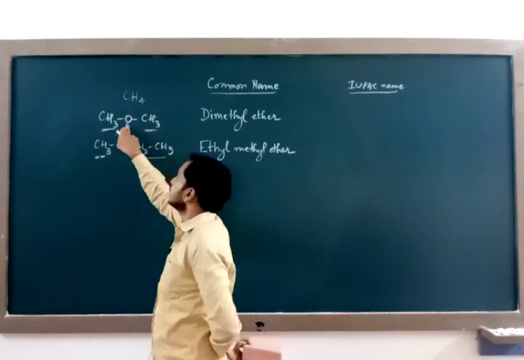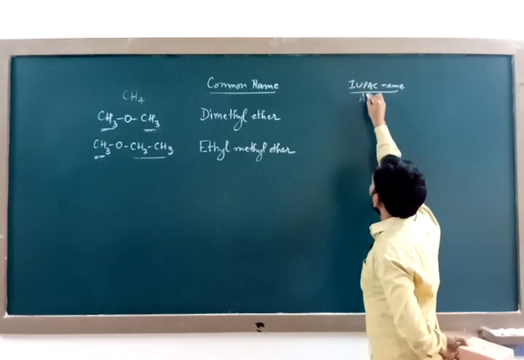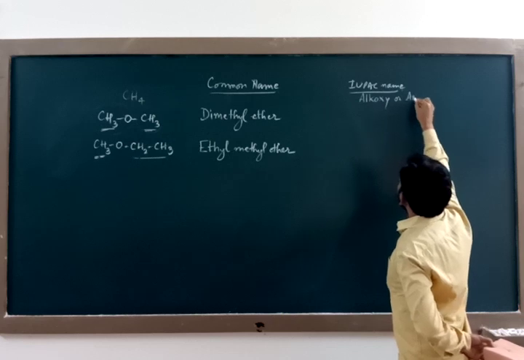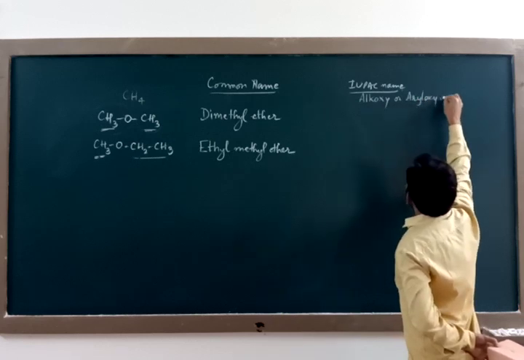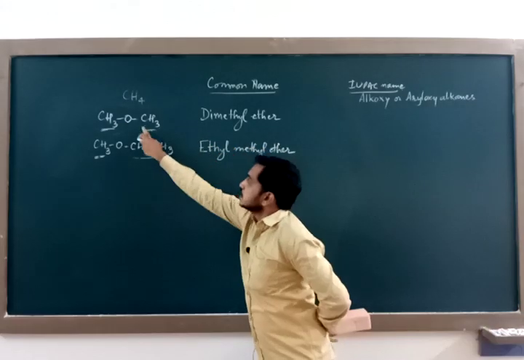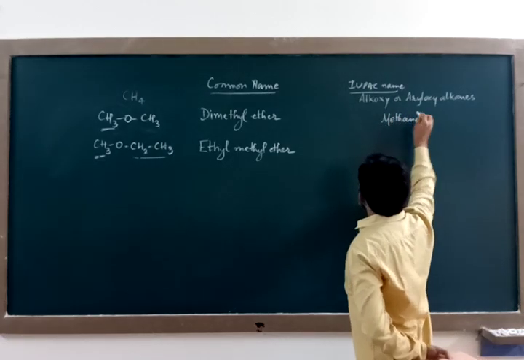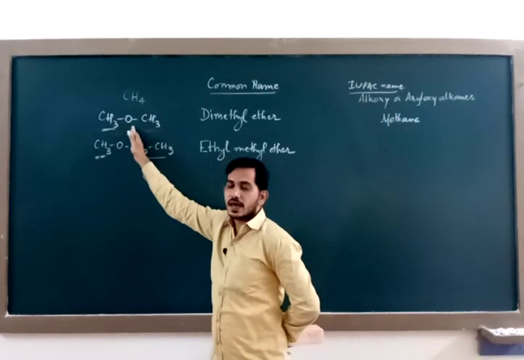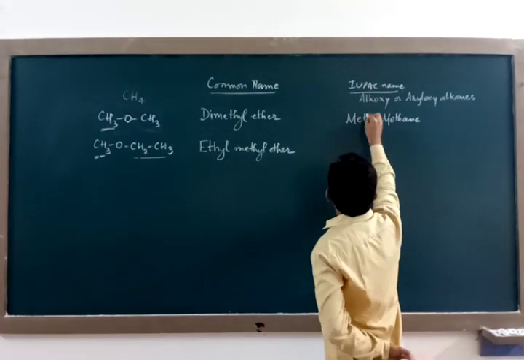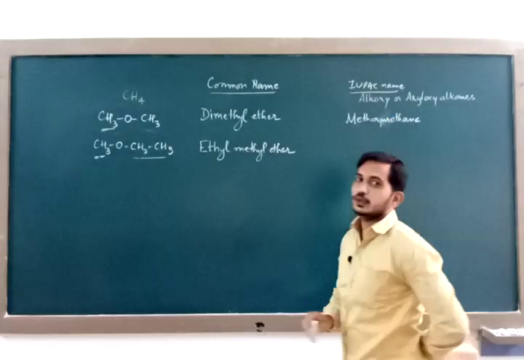It is an alkoxy group. In the IUPAC system, ethers are called alkoxy alkanes or aryloxy alkanes. For this compound, this much is methane because one hydrogen is lost and the group should be attached as a prefix, then this group is methoxy. So methoxy methane is the IUPAC name.